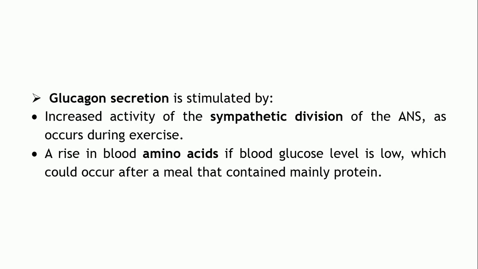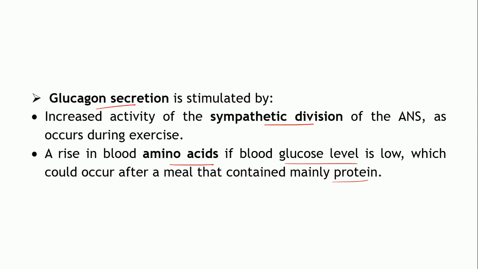Then the glucagon secretion is also stimulated by increase in the activity of the sympathetic division of the ANS. Also the rise in blood amino acids if the blood glucose level is low. Okay, so this could happen when the food contains mainly protein.